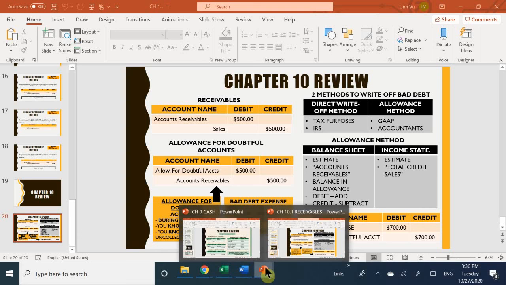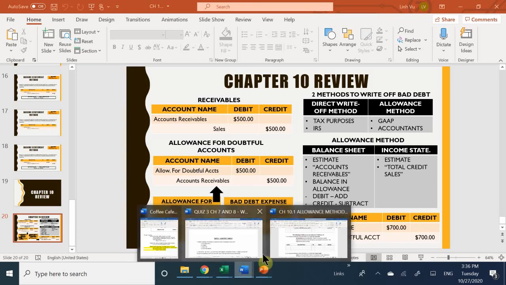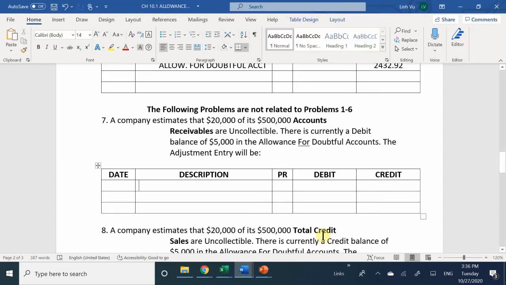It's going to be the bad debt expense. Good. And then the account underneath is the allowance. So it is one of the accounts, but it's not the first one.